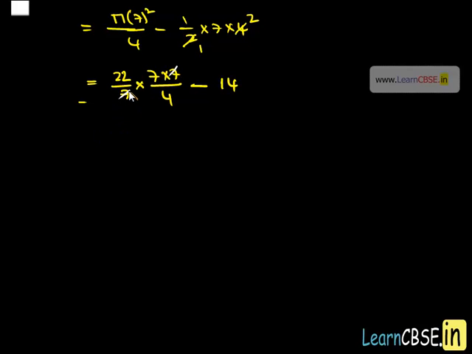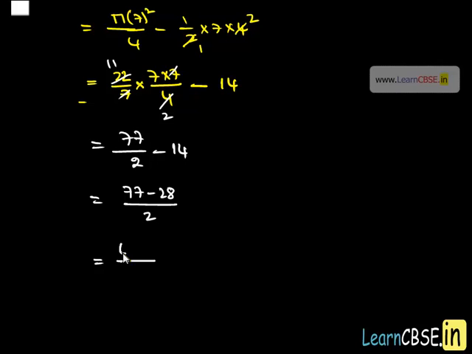We have 2 as a common factor in 22 and 4. So we are left with 11 times 7 on numerator, that is 77, and on denominator we have 2, minus 14. By taking 2 as LCM, we have 77 minus 28. Since 14 times 2 is 28, by subtracting we get 49 upon 2.